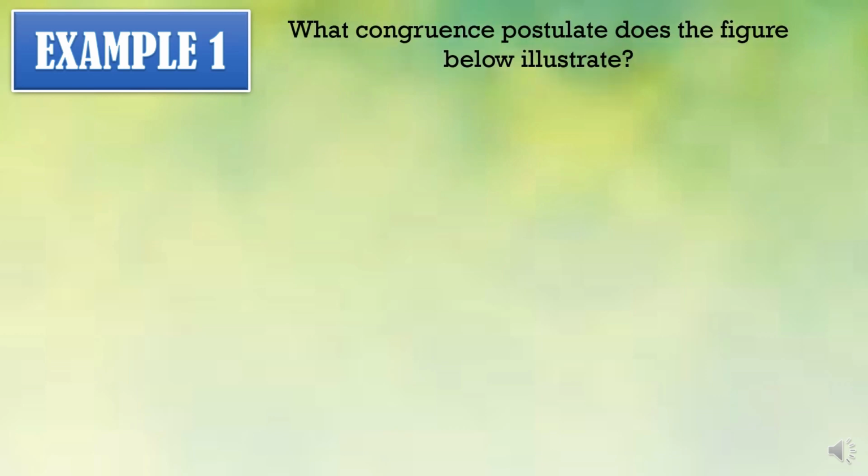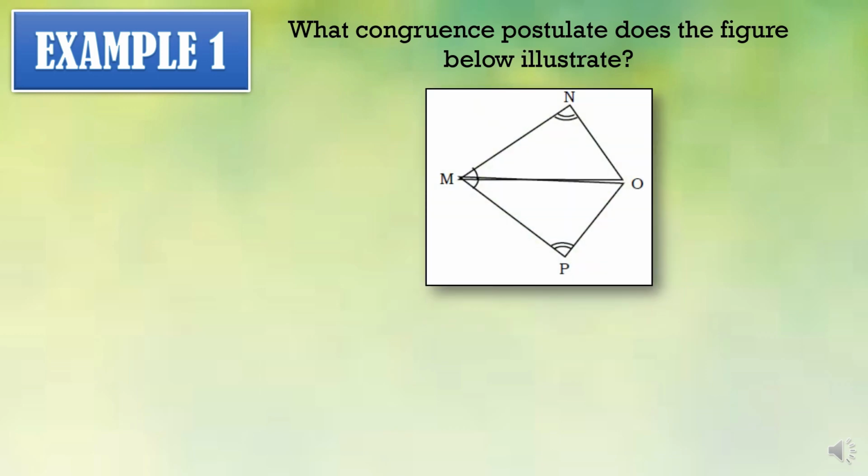Let's have an example. What congruence postulate does the figure below illustrate? Okay, as you can see, there are special markings on the given figure. So we have triangle MNO and triangle MPO.